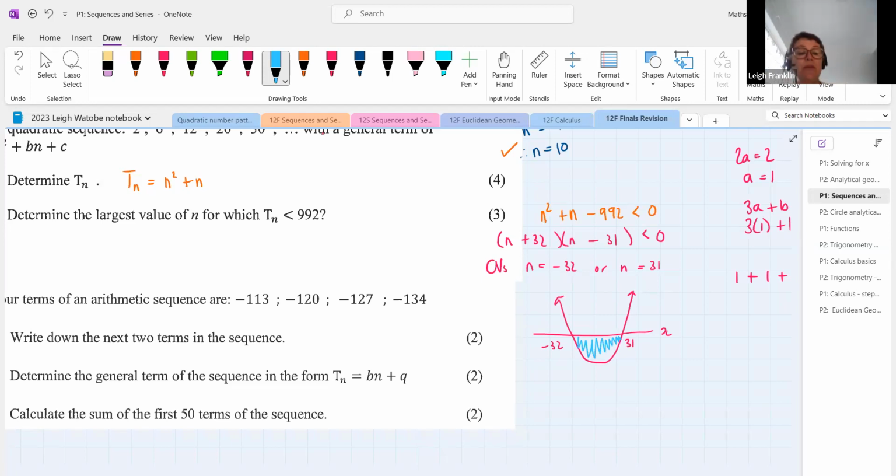So it has to be the largest integer that's smaller than 31. It would have to be 30. So the largest value of n for which Tn is smaller than 992 is 30.